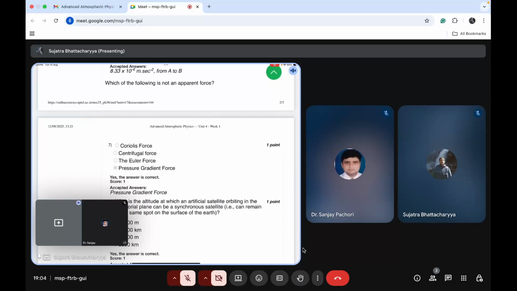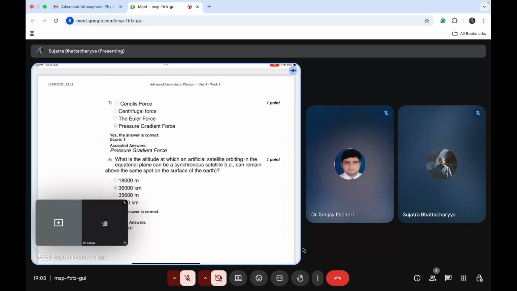The Euler force is also a pseudo force in a rotating frame, not related to the atmosphere. You don't require that. Just remember that when you have so many choices, don't get confused. When you know that one force is there which is not a pseudo force, just write pressure gradient force. That's all. It's a real force. We have seen that. Okay, this is a simple one-liner.